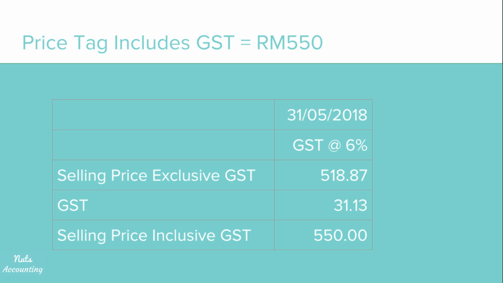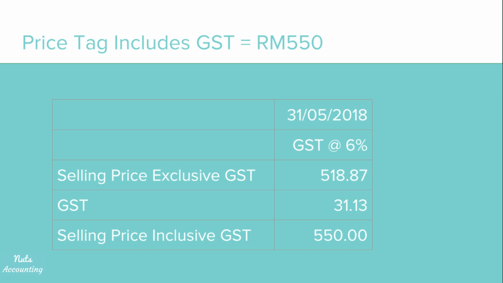But anyway, coming back to this, in this example, during the GST 6% era, the selling price inclusive of GST is 550 ringgit. So you will need to reverse calculate to get the amount of GST and also the selling price exclusive of GST. So how do you calculate that? You take 550. 550 actually consists of 106%, which is your selling price at 100% plus GST at 6%, so 100 plus 6 is 106%.